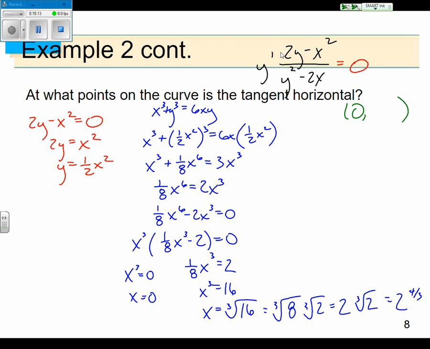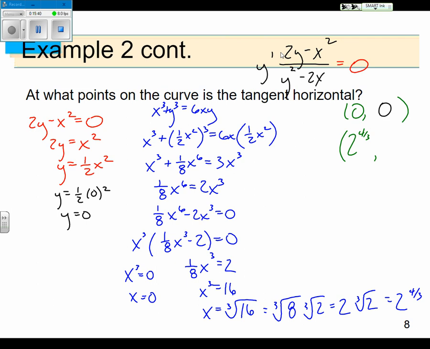If you want to decimal that out, you'd probably be good because 2 to the 4/3 is not a real nice number. So it wants to know the points on this. Well, luckily over here I have an equation that is explicitly solved for y. So when x equals 0, y cannot be 0. And I think I'm just going to decimal this out.